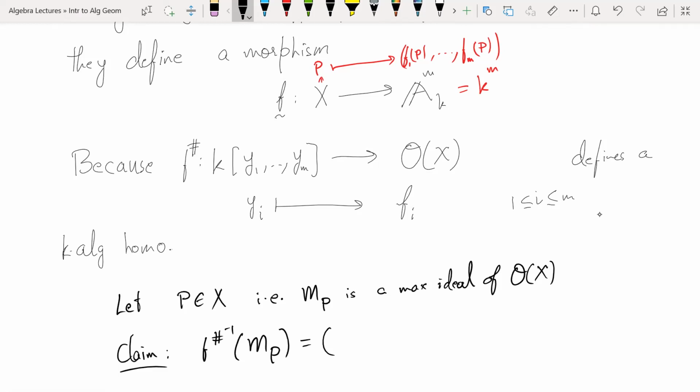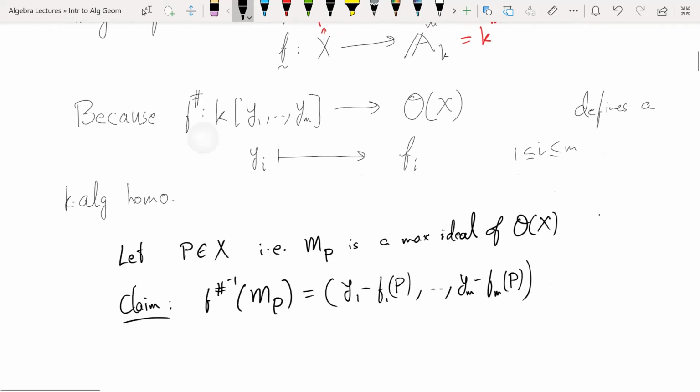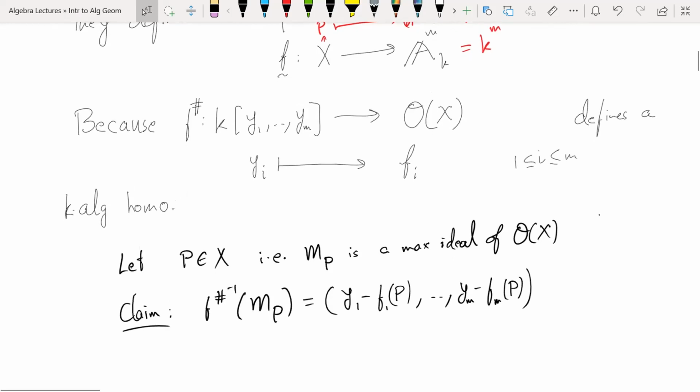So the claim is that this is the same as (y1 minus f1(p), ..., ym minus fm(p)). So that is what one has to show. So we have to show that y1 minus f1(p) belongs to this f hash inverse of maximal ideal mp.